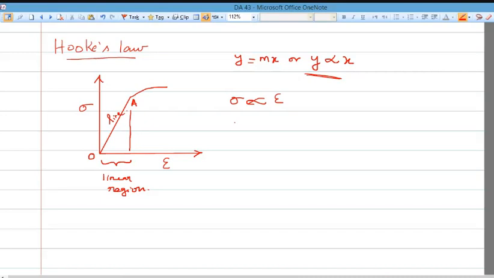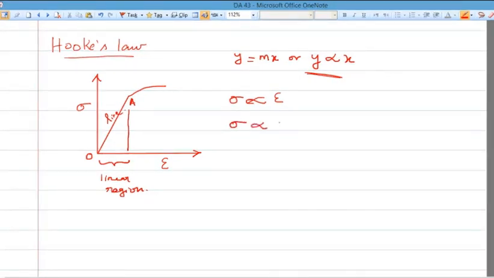So what is the y coordinate here? The y coordinate is stress, and the x coordinate is strain. I can say the stress is directly proportional to strain. To remove the proportionality constant, I am inserting a term, Young's modulus.